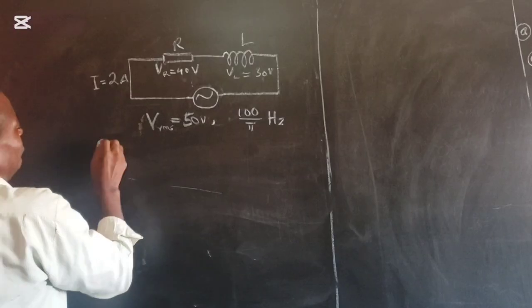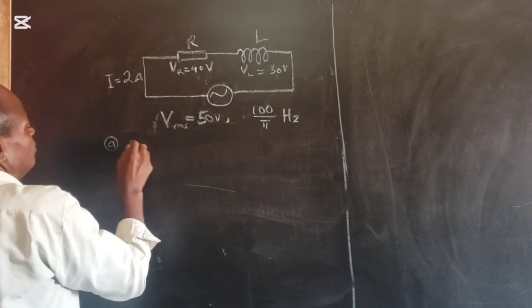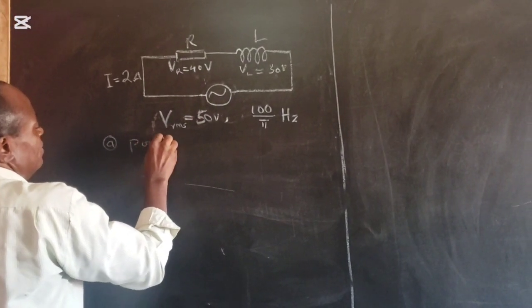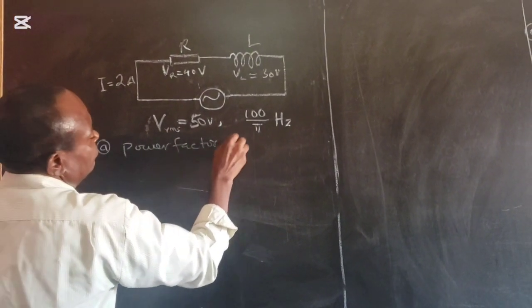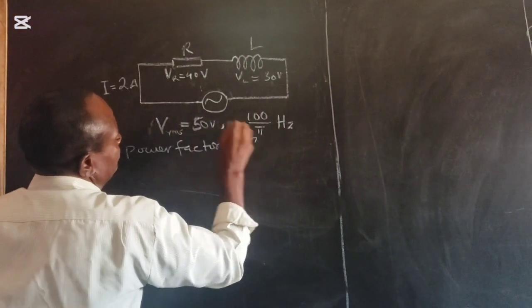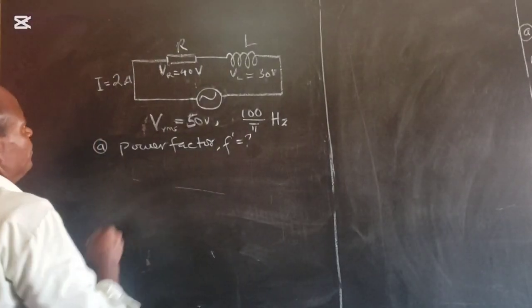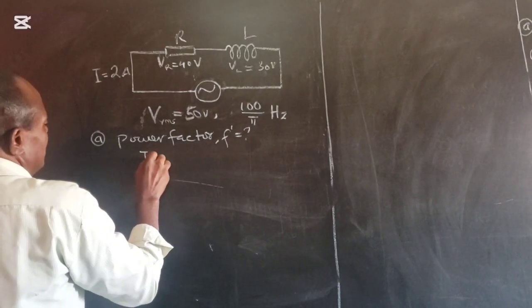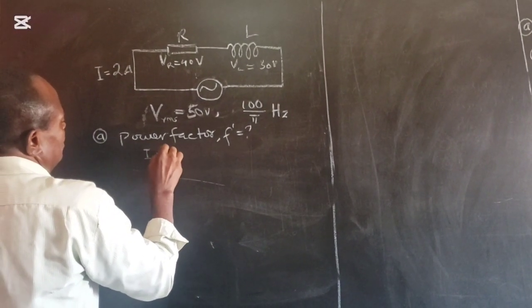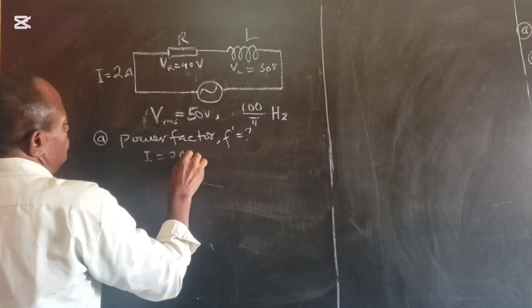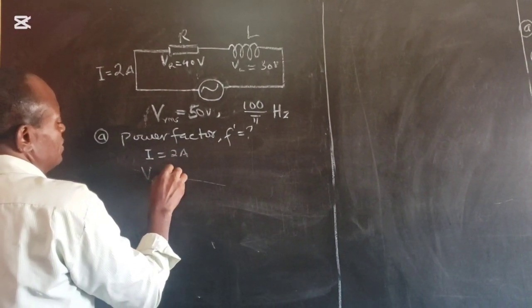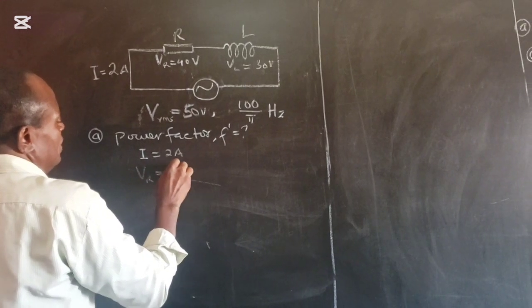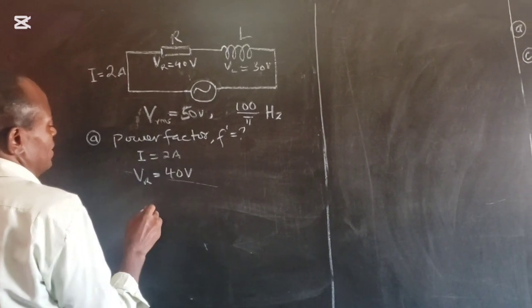And the first one, we want to find the power factor. So the information supplied, our current was given as 2 amperes. The voltage due to resistor is given as 40 volts.